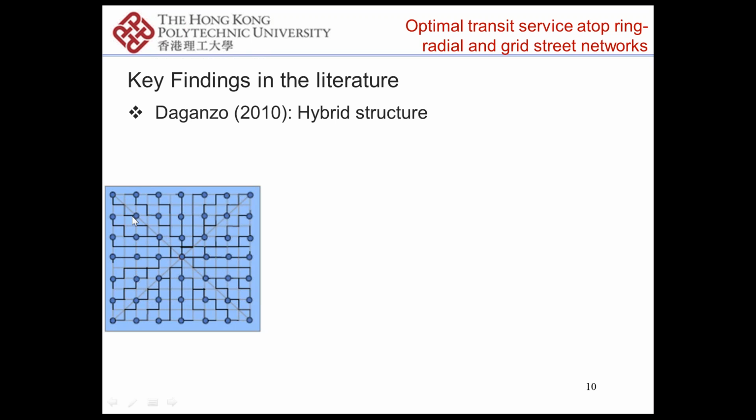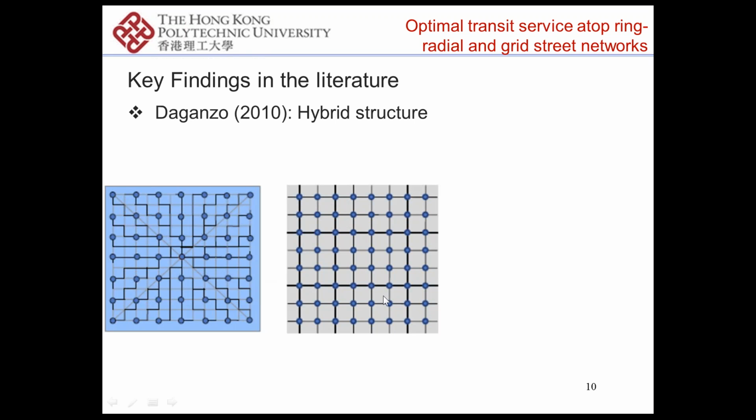So you see here that every transit line is a radial line. All these lines converge at the city center. And the second one is a grid transit line. So you can see that there are horizontal lines and vertical lines uniformly distributed over the entire city.